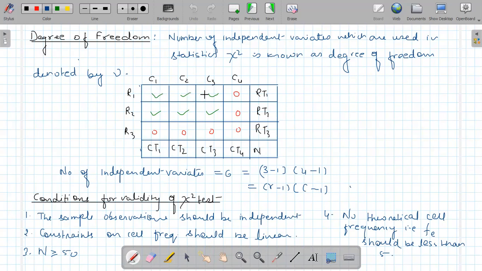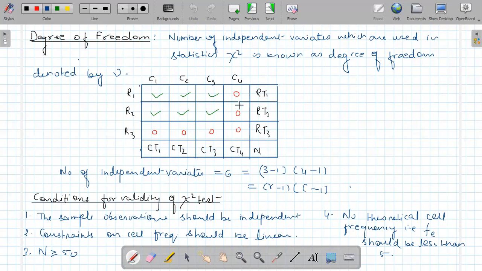If you know these entries, you can find this entry using the row total, by subtracting the sum of these three entries from it. Similarly, if we know all these three values, then we can calculate this value using row total number 2. And because the column total is known and these two values are also known, we can find this value also, and this value, and this value.